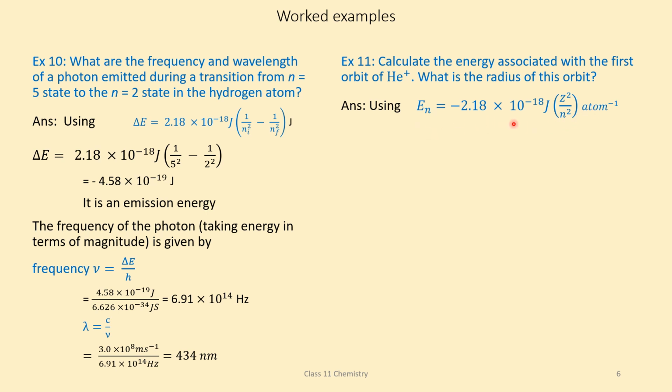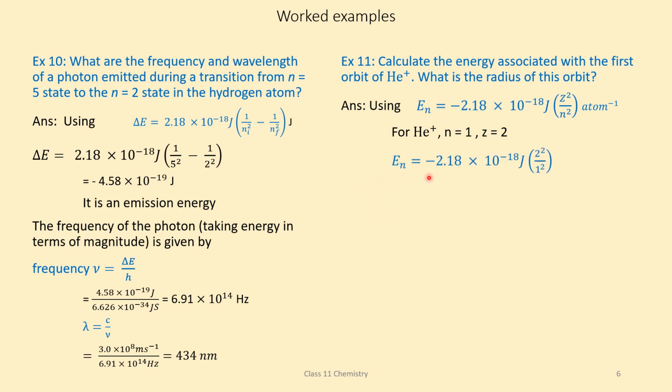This is the energy per atom. Please note and write down this. For helium plus, n is equal to 1 and Z is equal to 2. Z is the atomic number, n is the number of orbit, because they have asked for the first orbit.